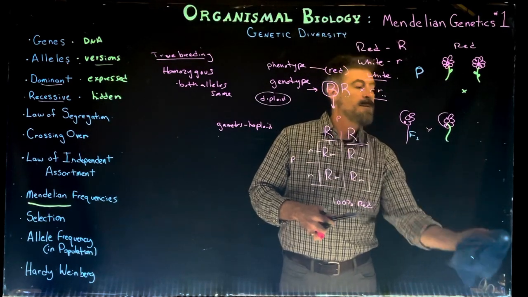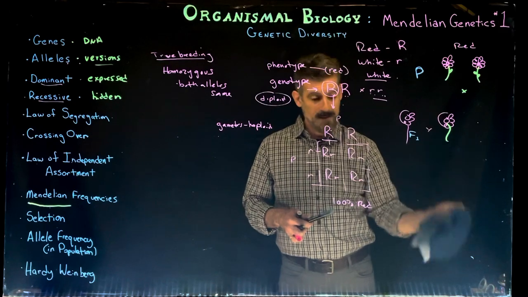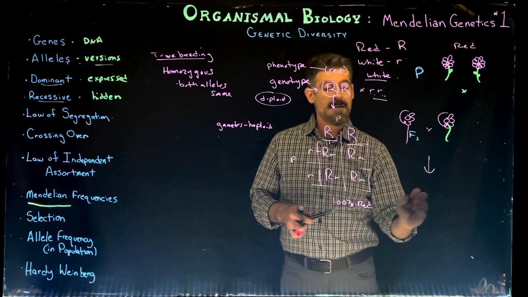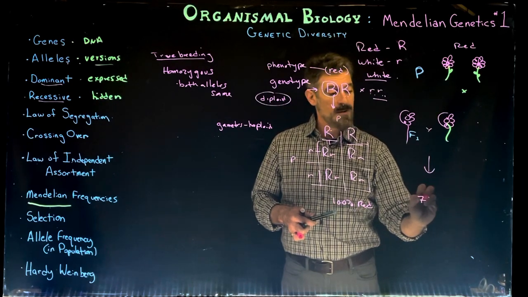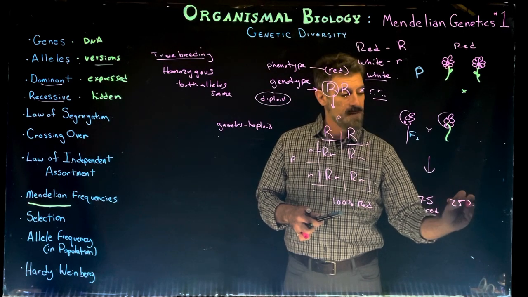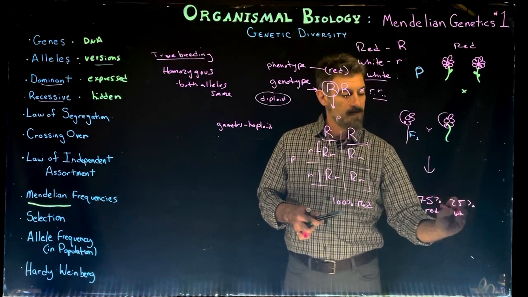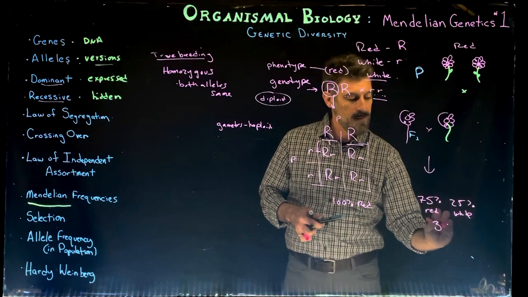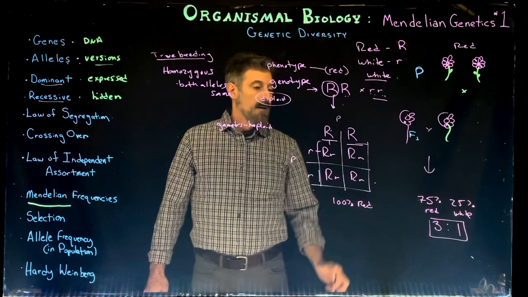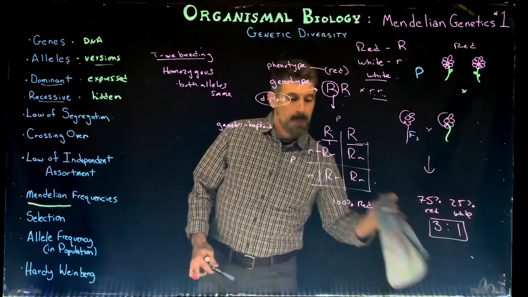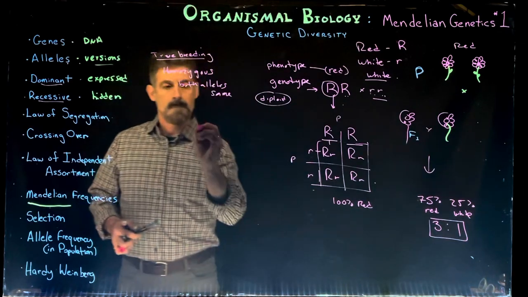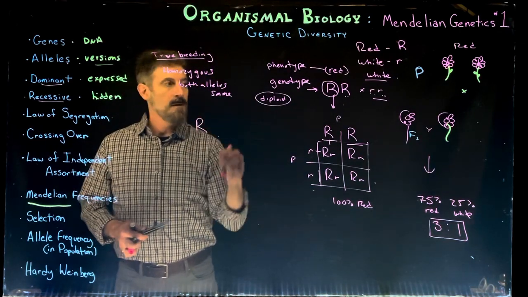And then he saw that he could take two red individuals from this group, mate them with one another, and then find this ratio, the 75% red, 25% white, or essentially a 3-to-1 ratio. And that's going to be explained by, again, looking at the genotypes.